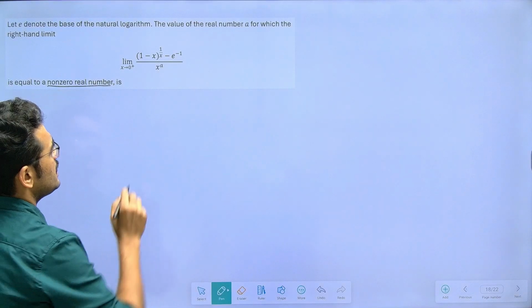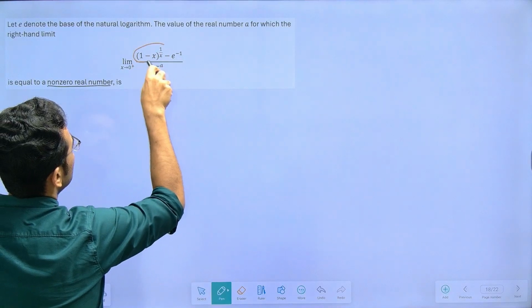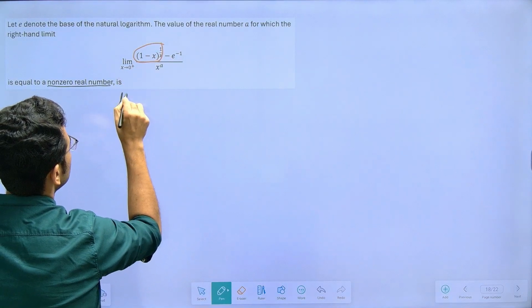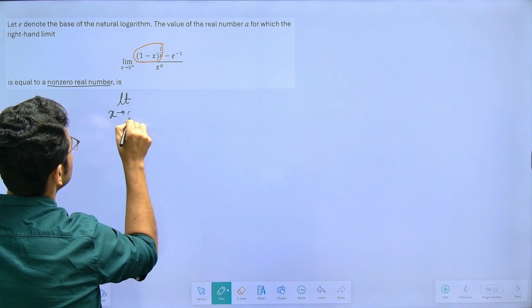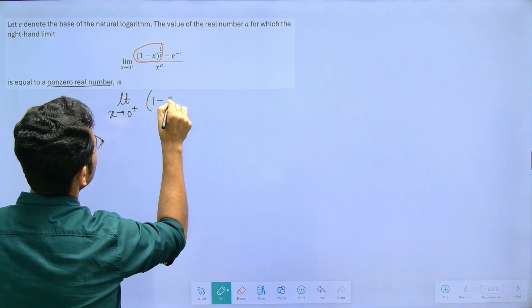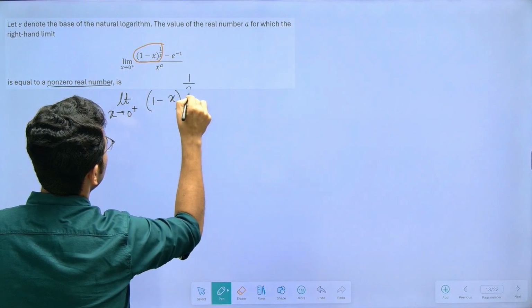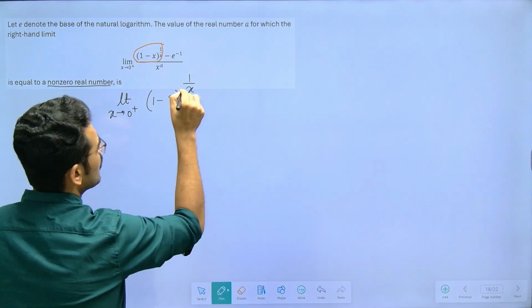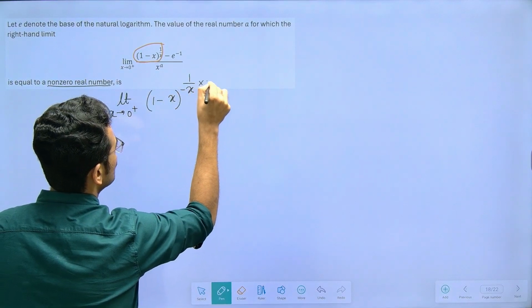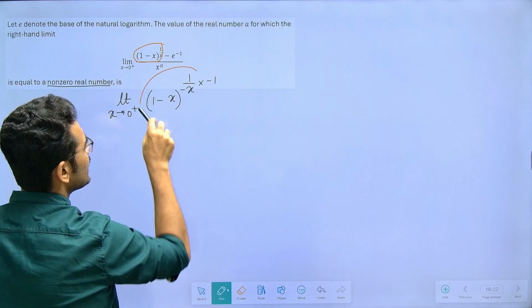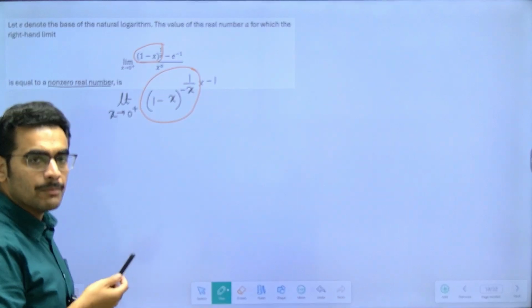So first of all, if you calculate separately the limit as x tends to 0 plus of (1 minus x) to the power 1 by x, we can modify this as minus x into minus 1, that is (1 minus x) to the power 1 by minus x, all to the power minus 1.